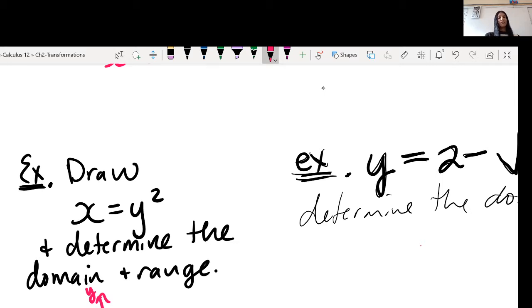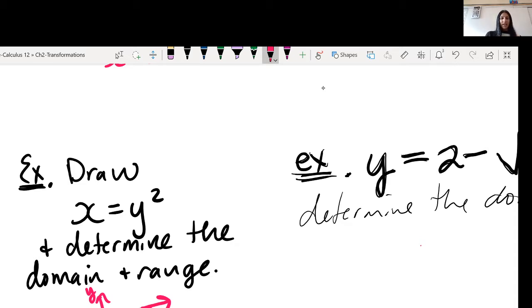What you're used to is y equals x squared, which is a basic parabola that you did for months and months on end last year. But this one is the flip of that. It says x equals y squared. So we know that it's actually a parabola that is open sideways because it's the x that's isolated and not the y.